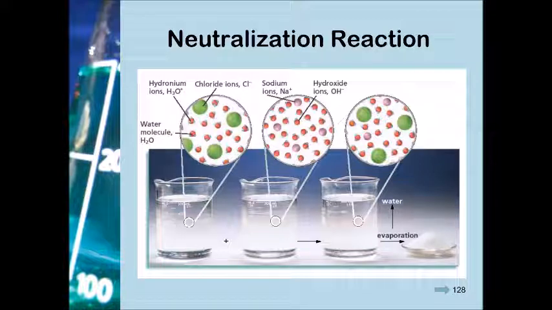In the middle, we have a beaker that has sodium hydroxide that's been dissolved in the water, and we see the sodium ions indicated by the purple or lavender circles. They're positively charged, and if you'll notice around those we have water molecules, and notice that the water molecules have their negative side facing in.